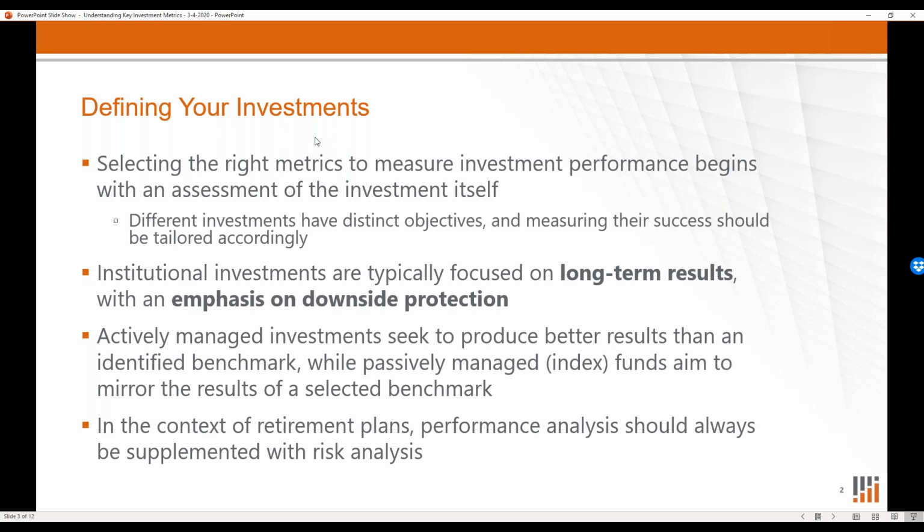What does that mean? From an obvious standpoint, we'd like to see better net returns, but risk measures are also critical. For example, if you have a fund that provides similar returns but does so with lower volatility while also providing better downside protection, we definitely see that as adding value.